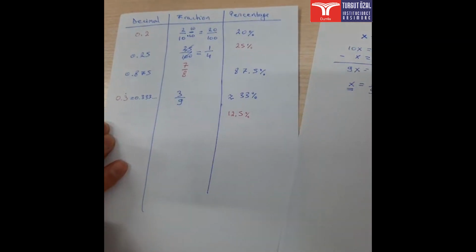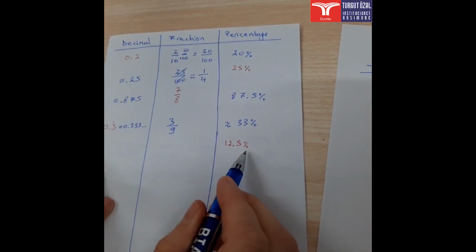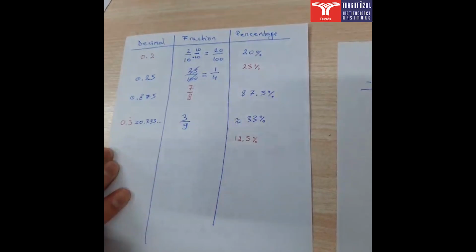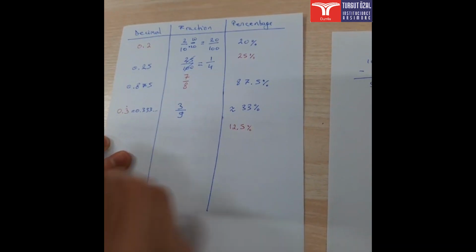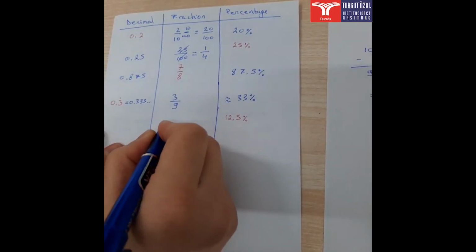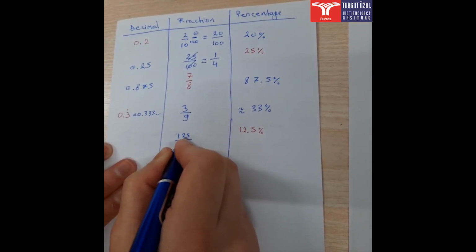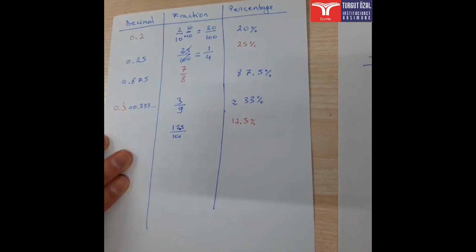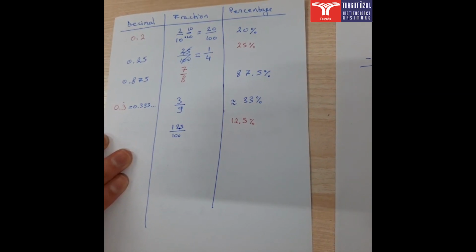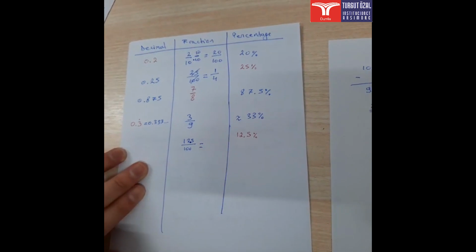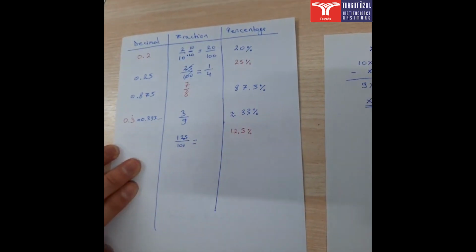Let's see the next one, 12.5%. It is easy to convert this one into a fraction. It will be over 100, 12.5 over 100. Again, it is not a proper fraction, so I have to make the numerator a whole number.